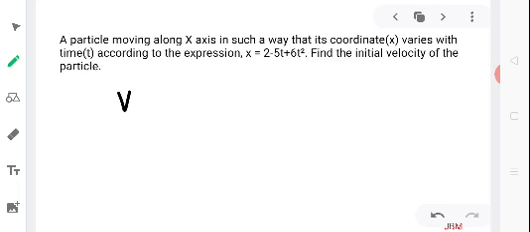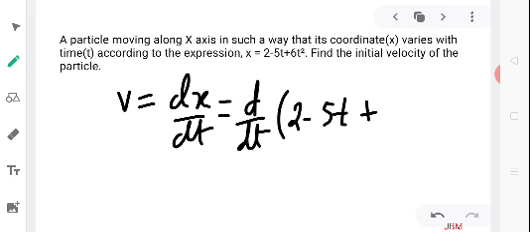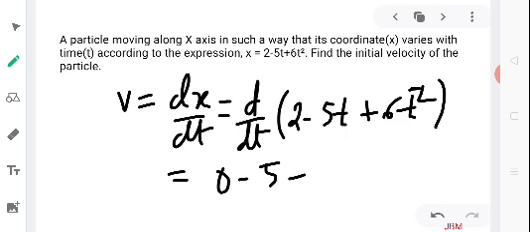So now v is equal to dx by dt. So we can differentiate d by dt, and x is 2 minus 5t plus 6t square. That will give you 0 minus 5 plus 12t.